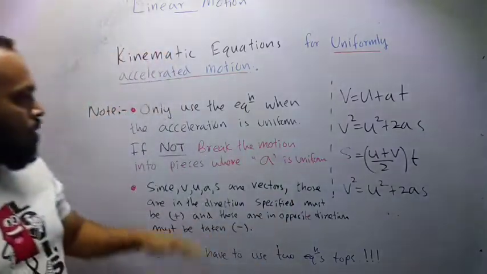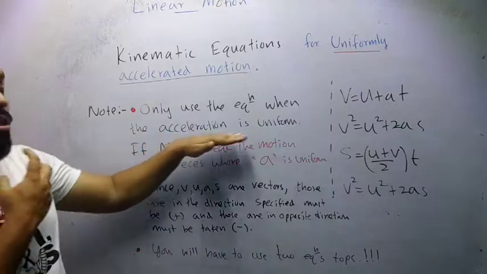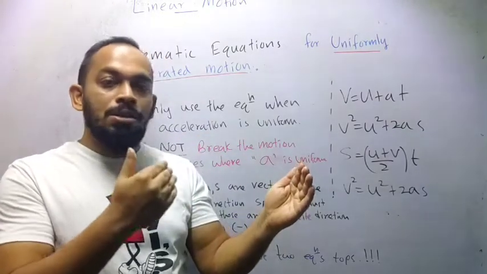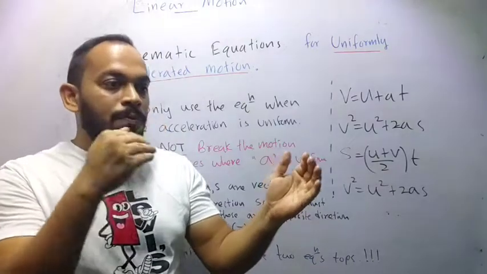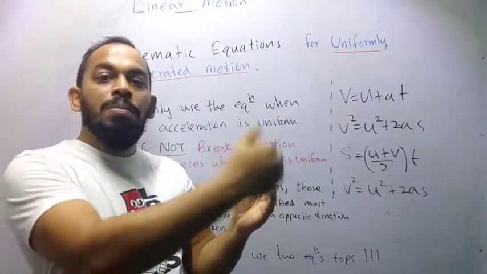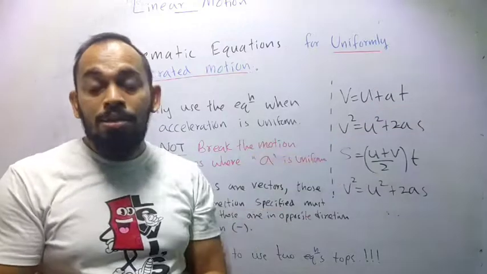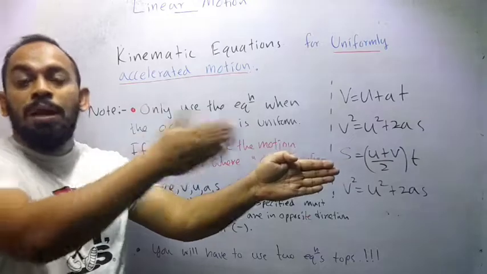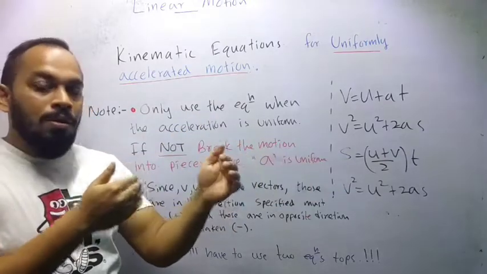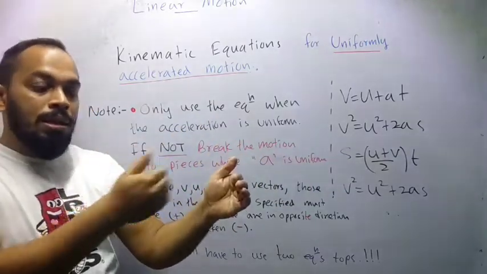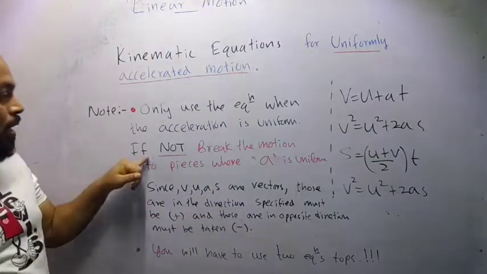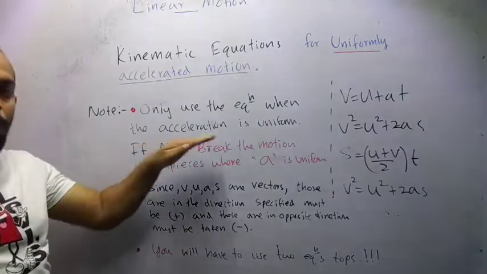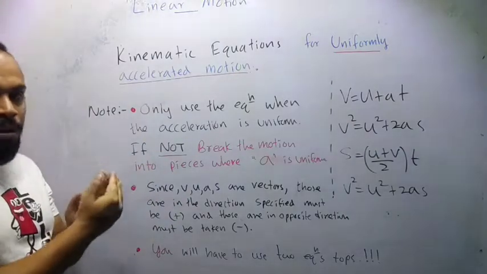If the acceleration is not uniform, for example if the acceleration of the particle is f from A to B, then 2f from B to C, you have to consider the motion piece by piece, such that within a piece the acceleration is uniform. So if not, break the motion into pieces where a is uniform, then use the equation within that piece.